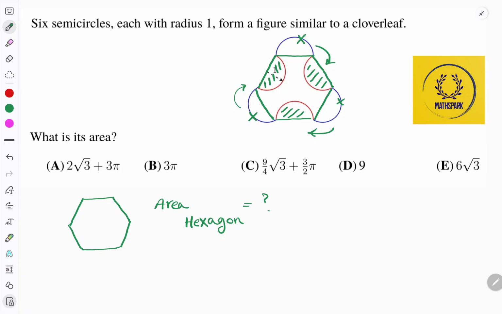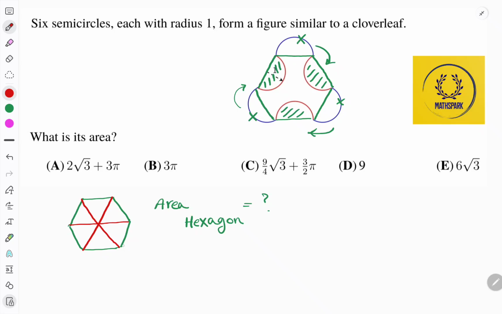Okay, if you don't know the formula for finding the area of regular hexagon, you can cut this hexagon into 6 equal pieces. So now we have 6 triangles.